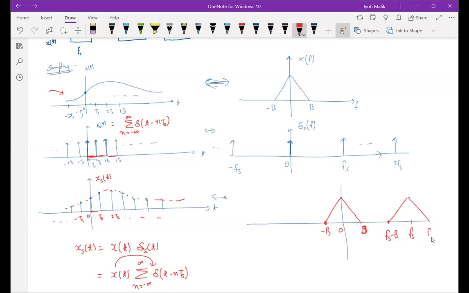And if you shift on the other side, it goes to b minus Fs, minus Fs, and minus Fs minus b. Again, you have to shift by Fs, again by Fs. So this is the spectrum, which is Xs of f.